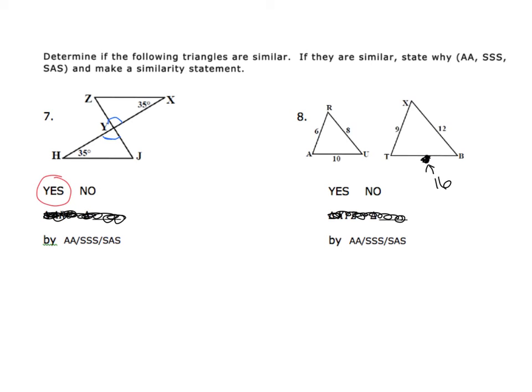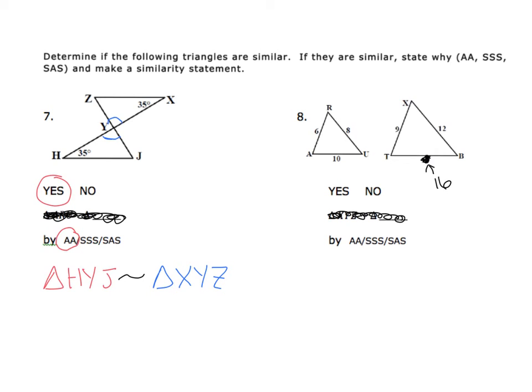Hopefully you said yes. The reason why? Angle, angle. So, the similarity statement would be that triangle H, Y, J, order matters, is similar to triangle X, Y, C. All right, let's look at the next one.